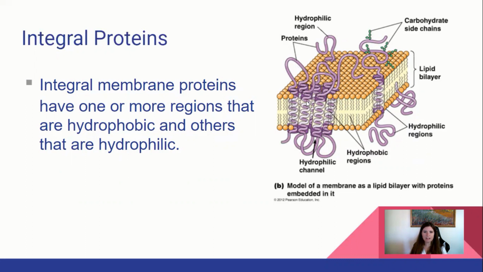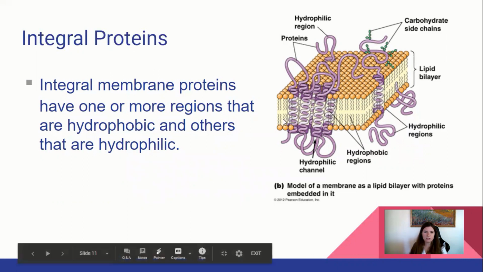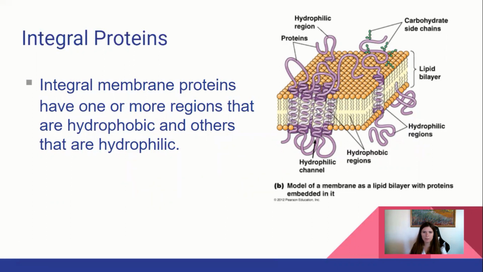And then we have a hydrophobic region, which allows the integral protein to sit in that same space as our nonpolar fatty acid tails. So this doesn't stop this whole central layer from being nonpolar, from being hydrophobic. It can stay there because it also doesn't like water, this part of the protein.